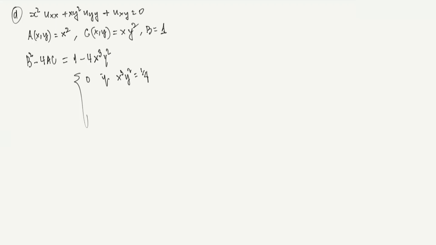And it is greater than 0 in the set of all xy in omega, in this case the whole of R2, such that 1 minus 4x cubed y squared is positive. Positive is, in this case, hyperbolic. So on the curve it will be parabolic, and in this region it will be a hyperbolic equation.